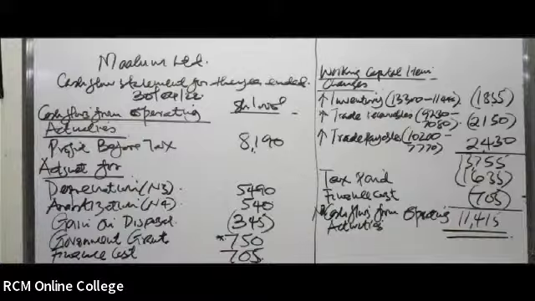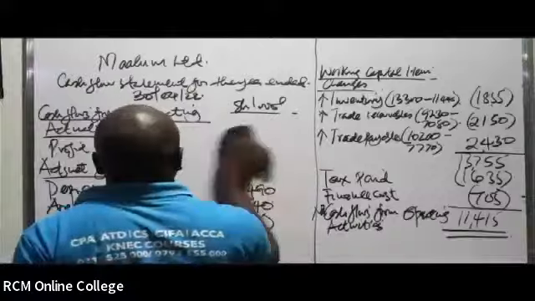Then you can go to the cash flows from the investing activities. So cash flows from investing activities.